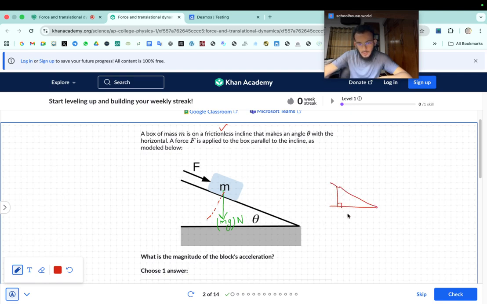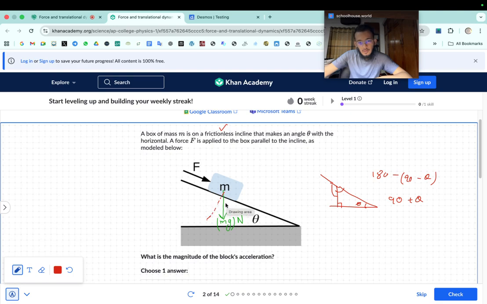if you observe that this is a 90-degree angle and this is theta, then this will be 90 minus theta. So that means if this is 90 minus theta, what do we have? This is again 180 minus 90 minus theta, so 180 minus 90 is positive 90 plus theta.